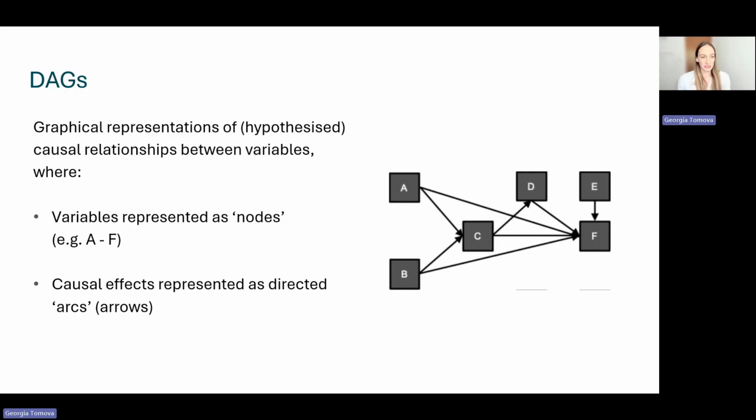So as I mentioned, DAGs are graphical representations of causal relationships between variables, where each of the variables we consider, for example, in this figure, we have 6 variables that are called A, B, C, D, E, and F, are represented by what we call nodes. And then the causal effects that we hypothesize exist between them are represented as arcs or arrows.